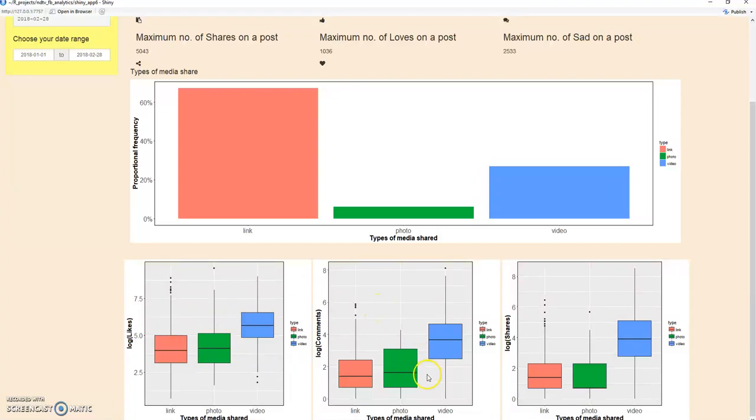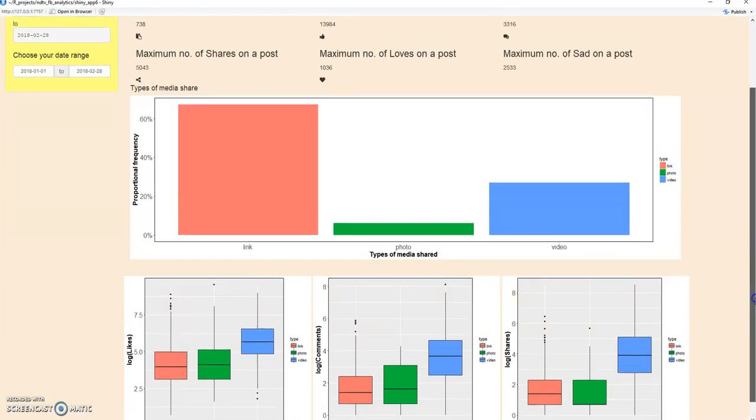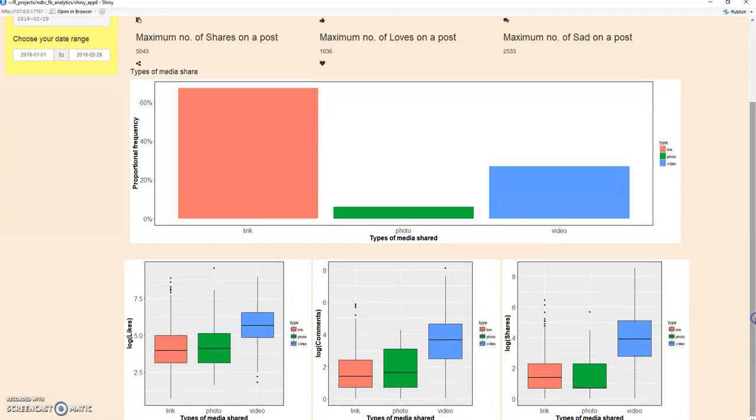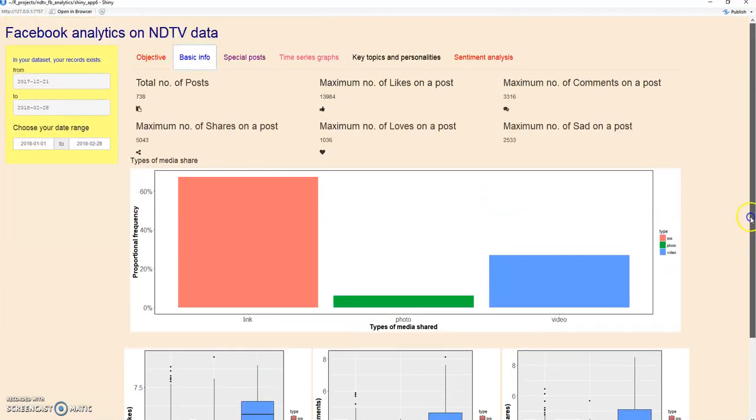It is also the videos that give the maximum comments, and subsequently the same happens for the shares for these 2 months of data that we are analyzing right now. So by analyzing the 2 months of data, it is profitable for NDTV to say that video is something that its subscribers prefer to like, comment, and share.